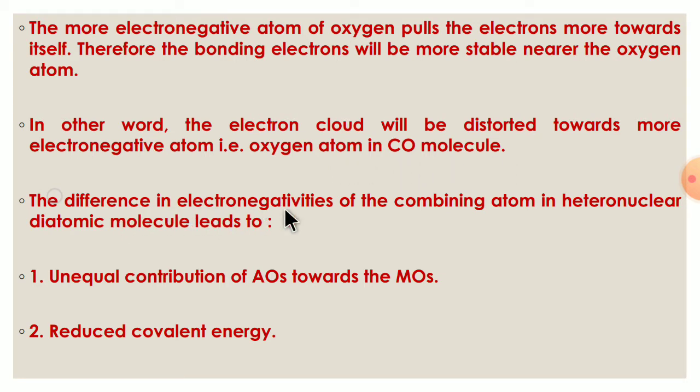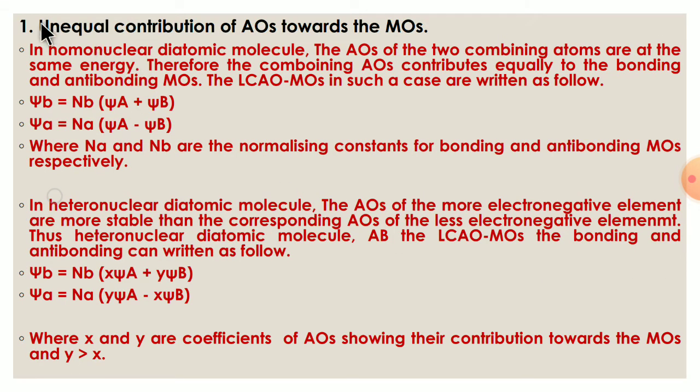The difference in electronegativities of the combining atoms in a heteronuclear diatomic molecule leads to, first, unequal contribution of atomic orbitals towards the molecular orbitals, and second, reduced covalent energy. These 2 points are discussed in the next slides in detail. First is unequal contribution of atomic orbitals towards the molecular orbitals.